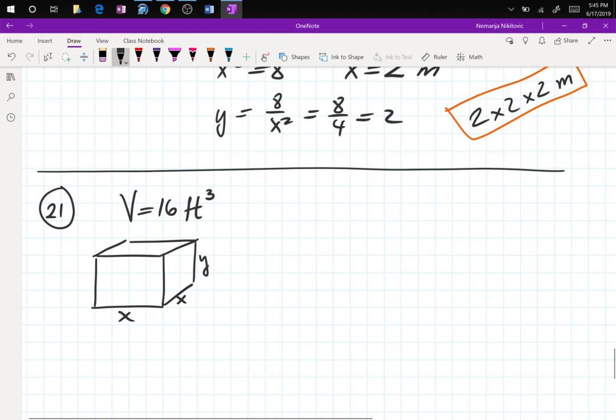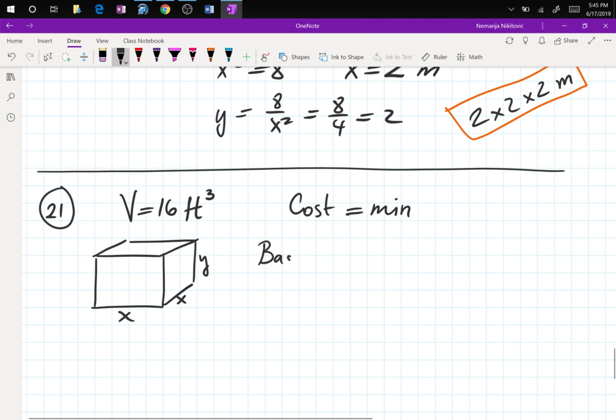All right. So now, when we have this, we are going to take a look at the material cost. So what they want to do is to say they want the cost to be minimum. Cost to make this. And it says material used to make the base costs twice as much as the sides.